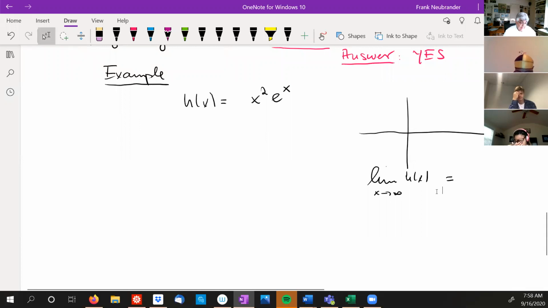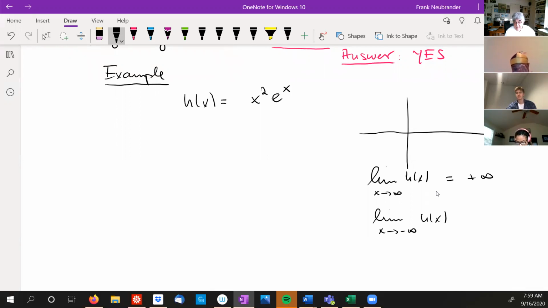So this is huge, that will be plus infinity. In the limit, if x goes to minus infinity of h of x, then the x squared is again big, but now you have e to a power of a negative number.